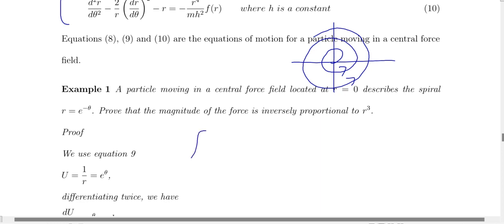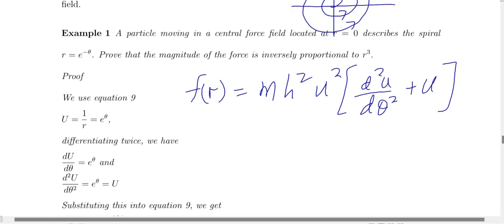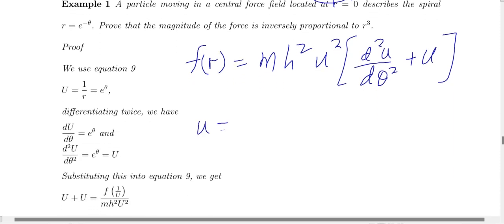So we write from that equation Fr is equal to m h squared u squared, then you have d squared u by d theta squared plus u. This is the equation of motion. Now u is equal to 1 over r, which is 1 over e raised to power negative theta, because r is given here as the equation of the path.